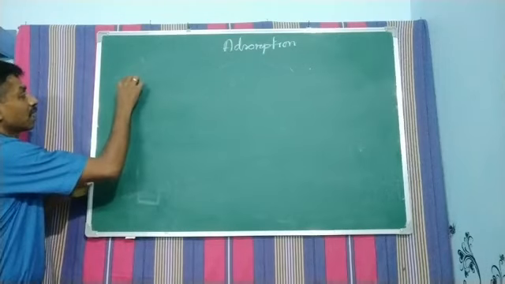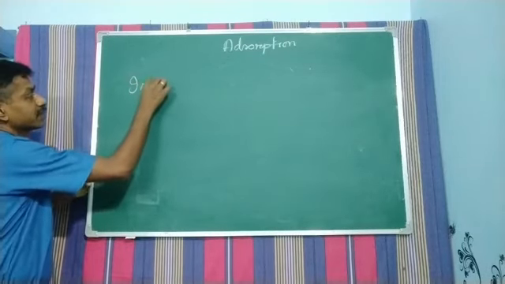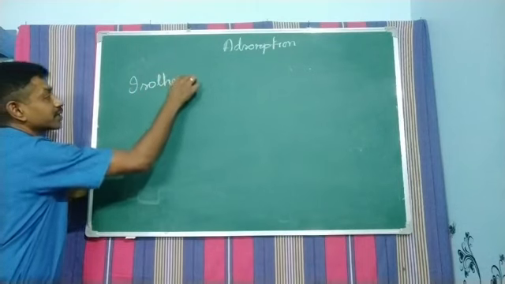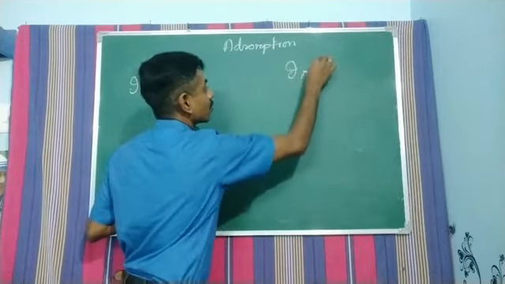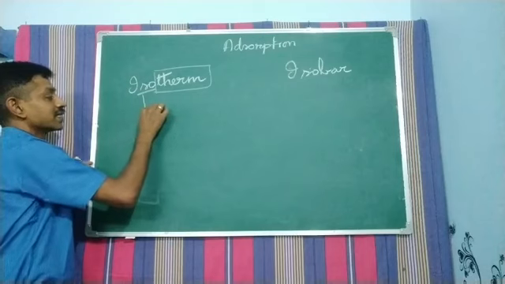So you should understand the term isotherm, and the other one is isobar. I hope you may be able to understand from the title of these two words. Iso means same.